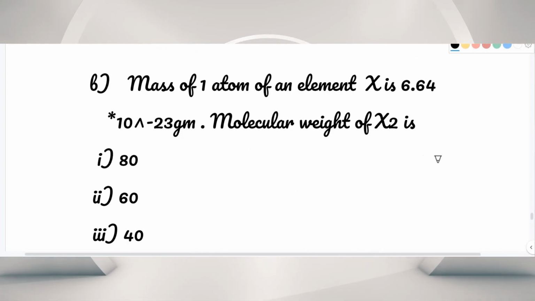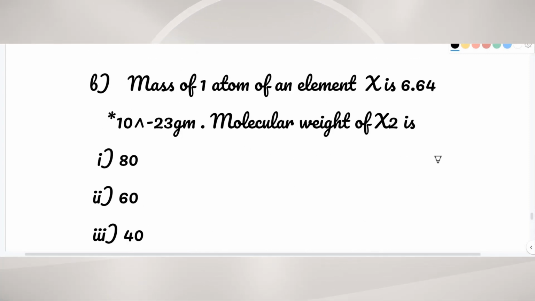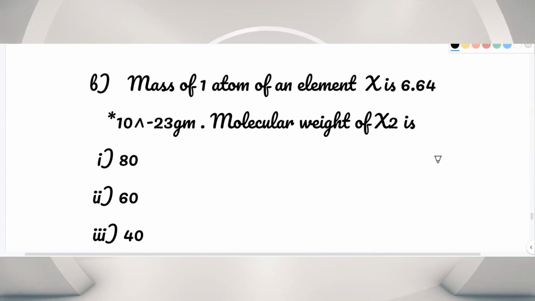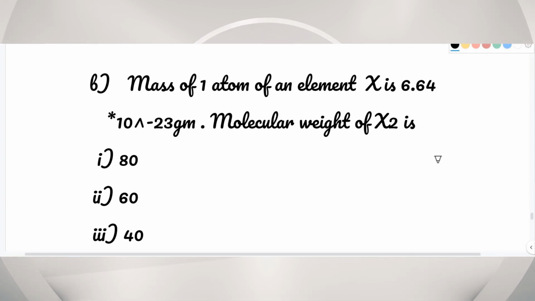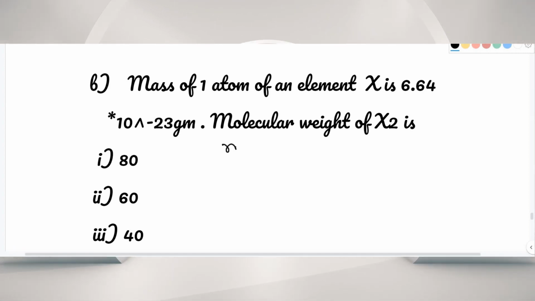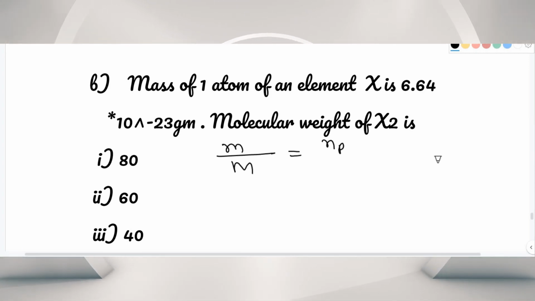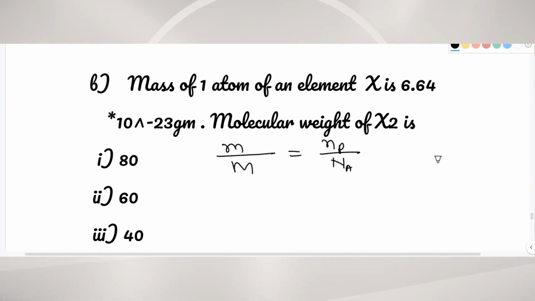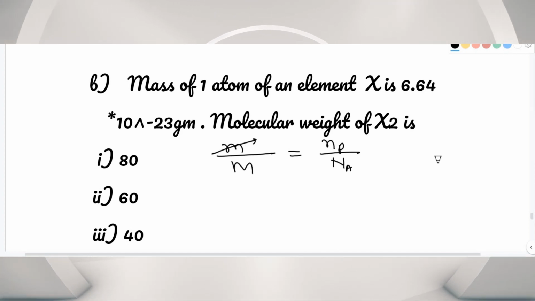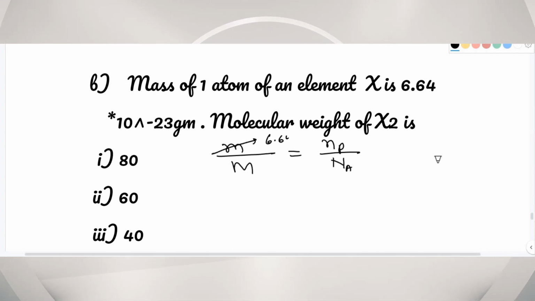Second one, mass of one atom of element is 6.64 into 10 to the power negative 23 grams. We should find the molecular weight of X2. See, given mass by molar mass is equal to number of particles by Avogadro number. We are going to use this. Given mass is 6.64 into 10 to the power negative 23 grams.